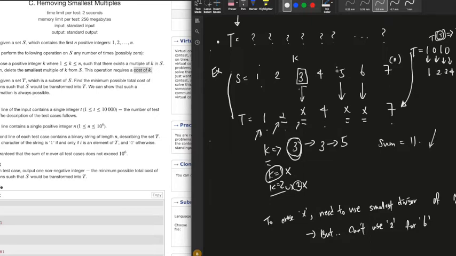And think about 5. To erase 5, we can only use 5 as a k. So there will be k equal to 1, 2, 3, 4.